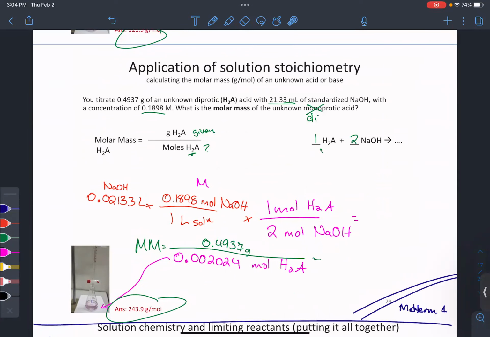The first one is titrations. The second one would be standardizing a solution. And finally, calculating the molar mass of an unknown acid or base. So you just have to inspect the chemical equation, the chemical reaction that's happening.